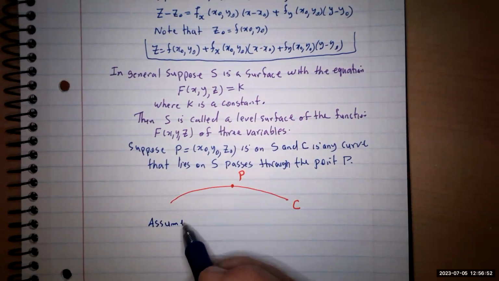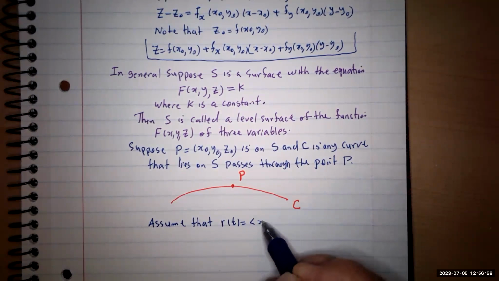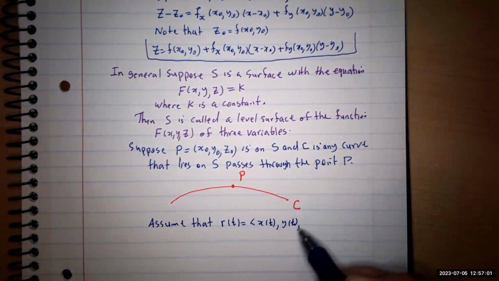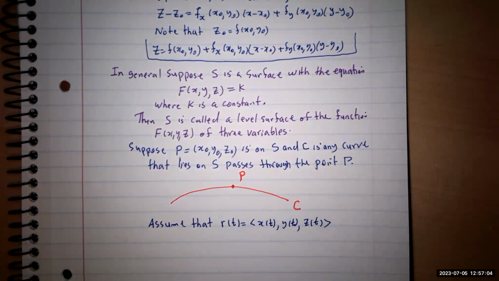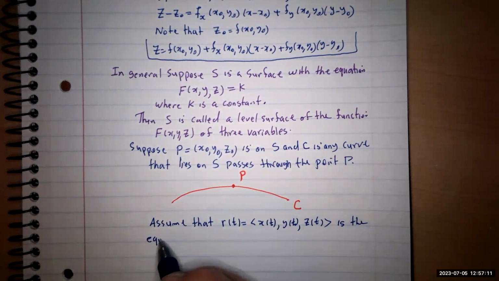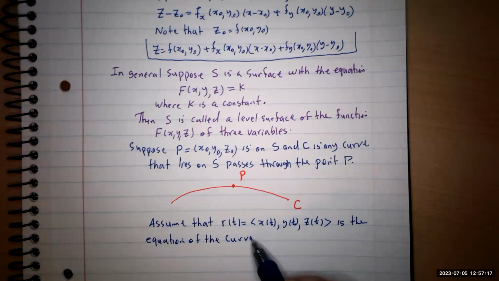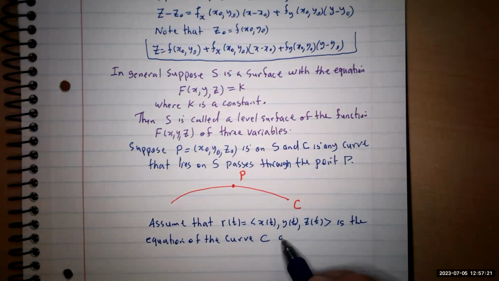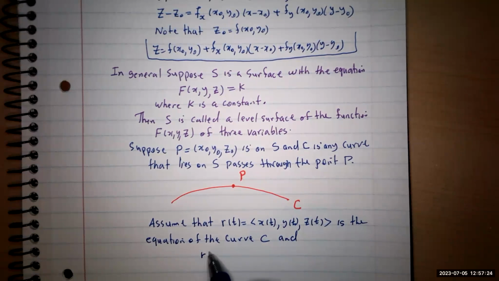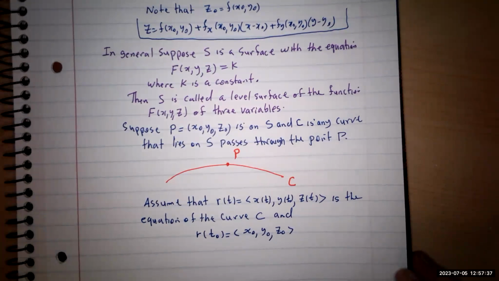So assume that r of t as usual, which is equal to x of t, y of t, z of t, is the equation of the curve C. And it's passing through the point P. So suppose it passes at this point when t is equal to t0, so this is equal to x0, y0, z0. P is satisfied on this one.